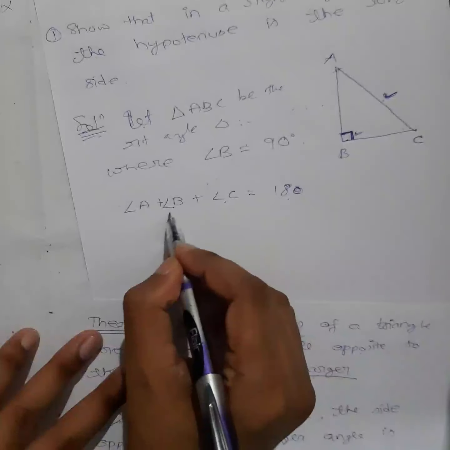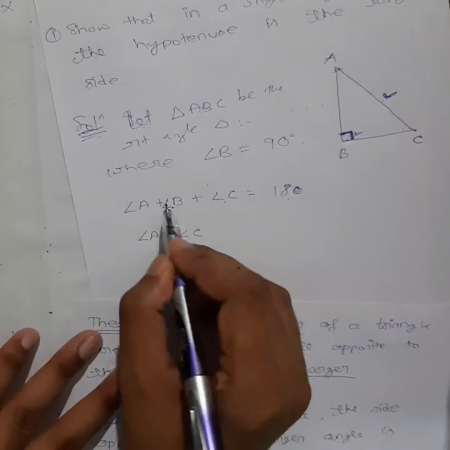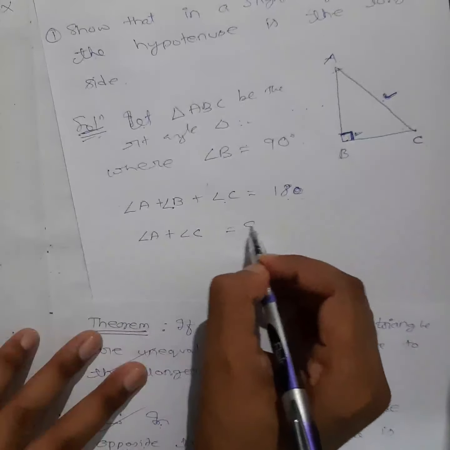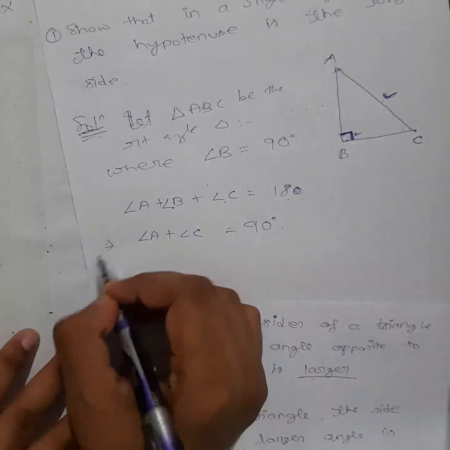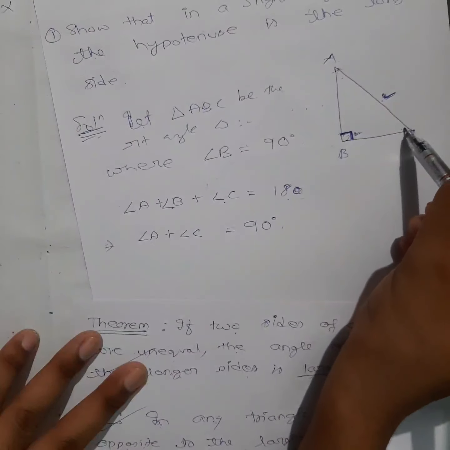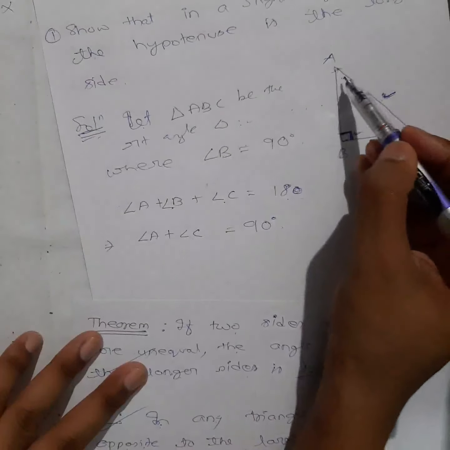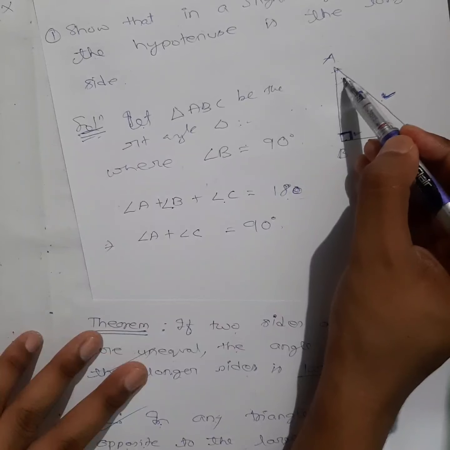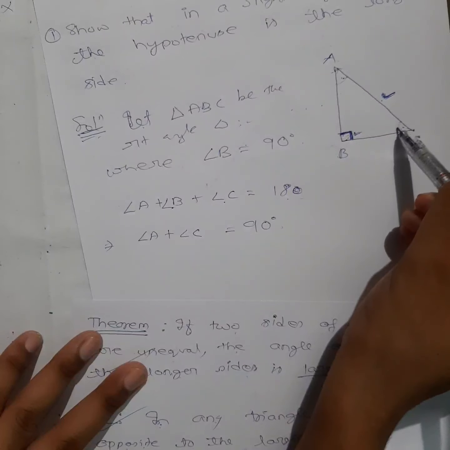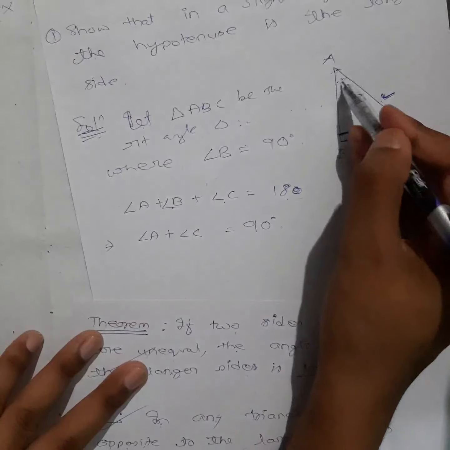Now from this, what can I write? Angle B is 90 degrees. So angle A plus angle C, if I bring this 90 to the other side, we get 90 degrees. So angle A plus angle C equals 90 degrees. This plus this must be 90 degrees, which means this angle must be less than 90, and this angle also must be less than 90. Less than 90 means both must be acute angles.